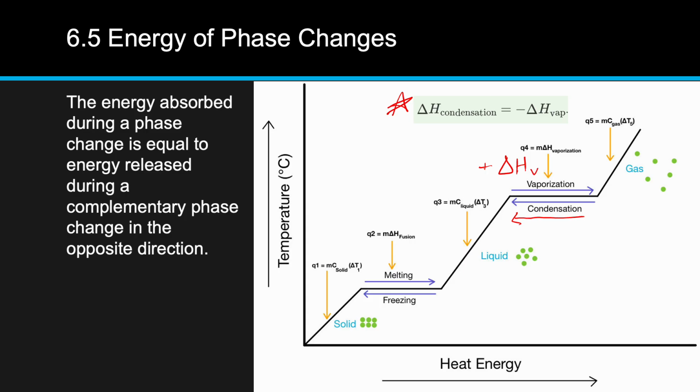And this works the same way with fusion. So if you were given your delta H of fusion, which is going from solid to a liquid, and it wanted to ask you the delta H of freezing, all you would do is take the negative of that delta H of fusion, and that will give you the corresponding complementary phase change.